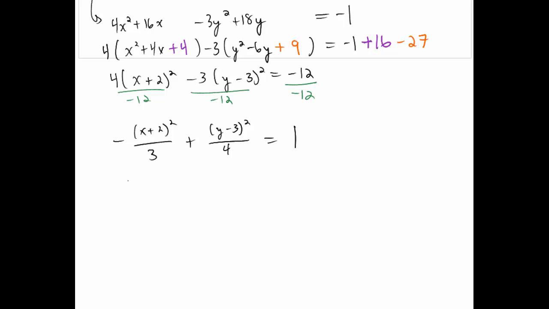And we would normally write this as (y minus 3) squared over 4 minus (x plus 2) squared over 3 equals 1. And so now we could use that information to sketch the curve appropriately. Alright, that concludes this presentation.